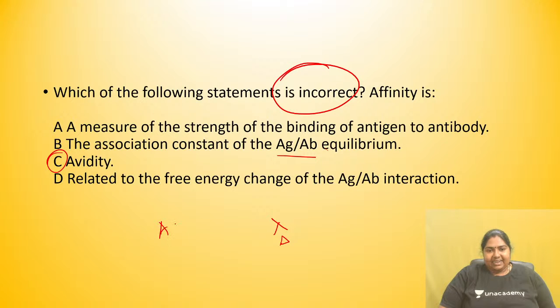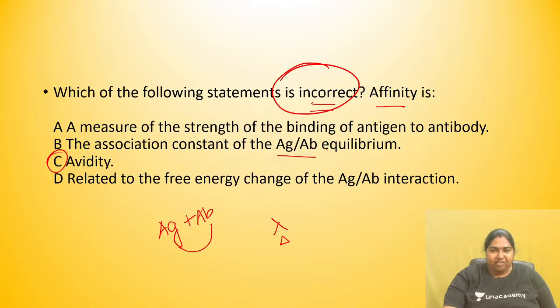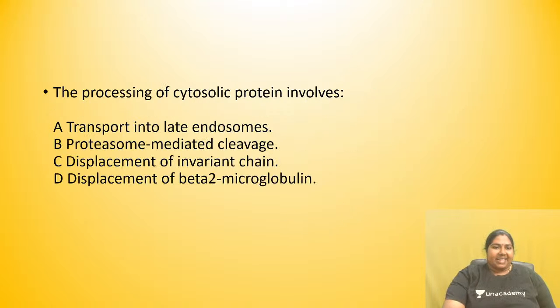If the antigen and antibody are complementary to each other, they will bind and form an interaction, which is quite spontaneous. Got it, everyone? They are asking which one is incorrect. Affinity cannot be the avidity. The summing up effect is called avidity. Yes, everybody? Right? So shall we still move into an in-depth?